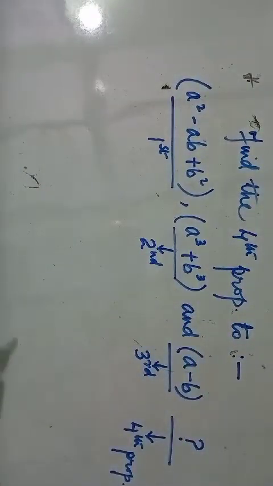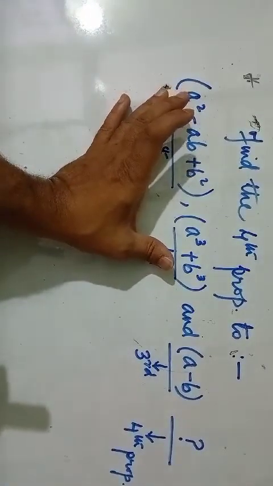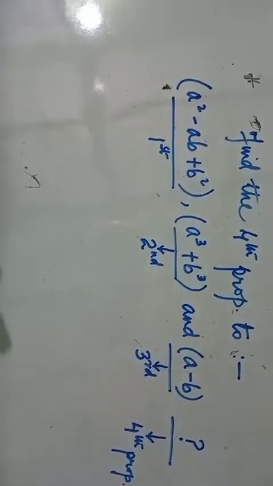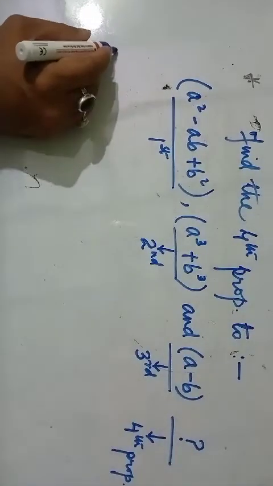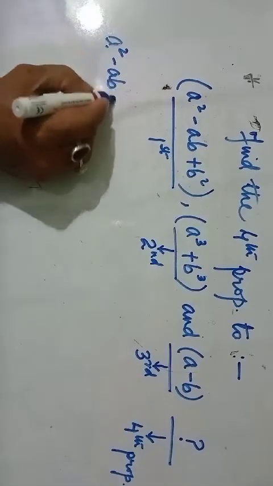And if you remember, whenever you have proportion, the meaning of that word proportion is two ratios put together, or two or more ratios, but here we will have two ratios. So this will form the first ratio and this will form the second ratio. So let me write it down in the way that proportion is written.